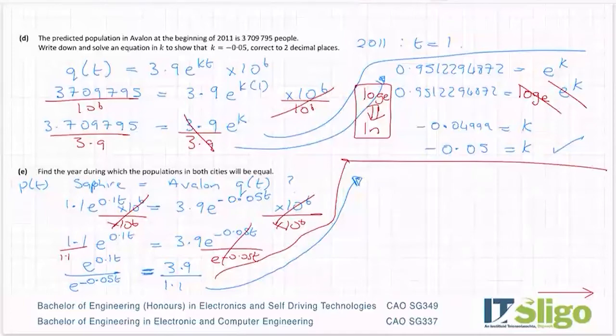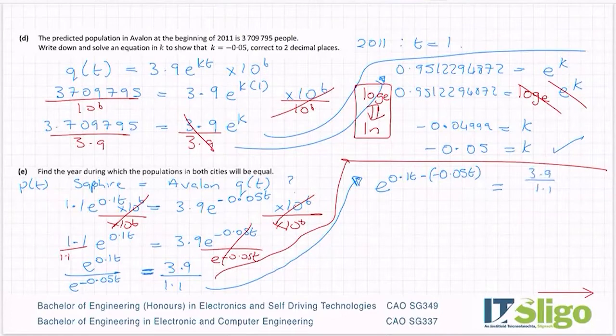So we end up with e to the power of 0.1t minus 0.05t. Okay, and that's equal to, in my calculator, I'm going 3.9 divided by 1.1, and I'm getting a big decimal, so let's leave it as a fraction.